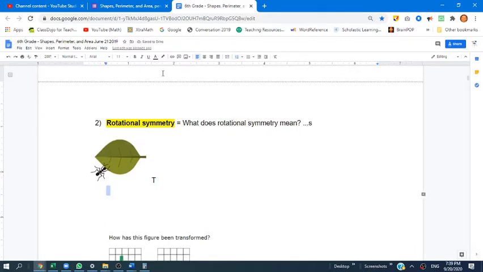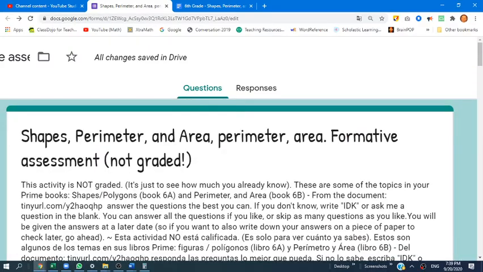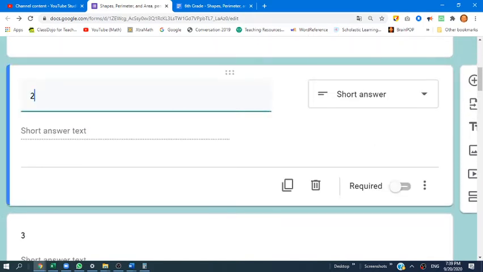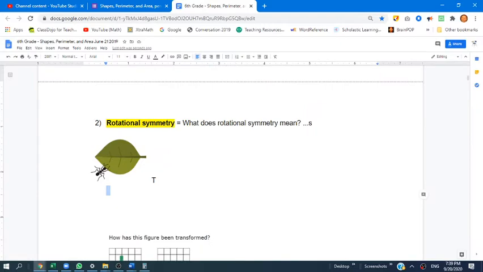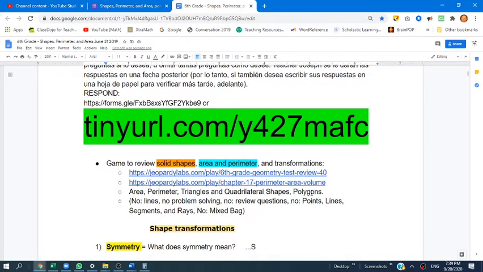So write down in number 2, inside of this form, your answer inside of that blank, okay? Again, you should have already opened this form on your phone or your tablet or your computer. Open up a new browser, and you're answering the questions as I'm reading them.